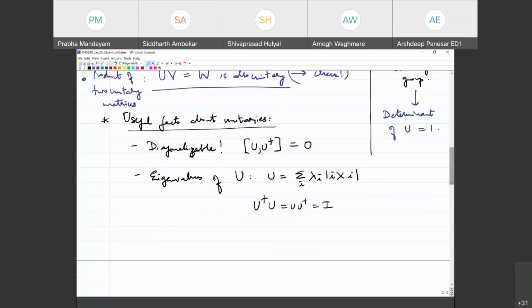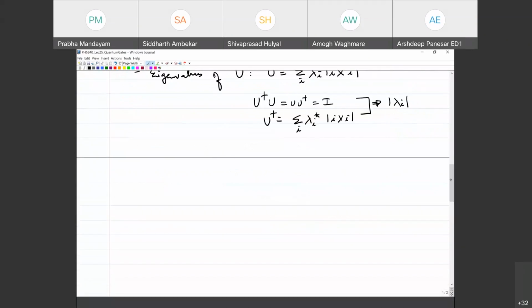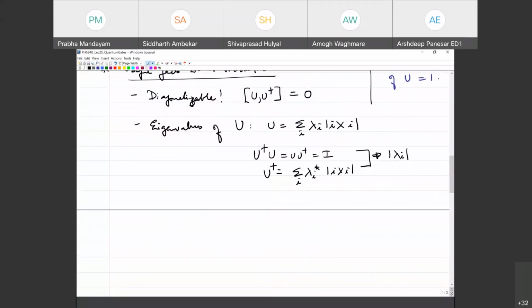So U dagger is therefore, remember, you can always do this with lambda i star, and then because of this property, you use these two, and you can show that the modulus of lambda i is 1. So lambda i is complex in general. This is not a Hermitian matrix. For Hermitian matrices, the lambda i's are all real. But for a unitary matrix, they are complex, but they're complex with unit modulus.